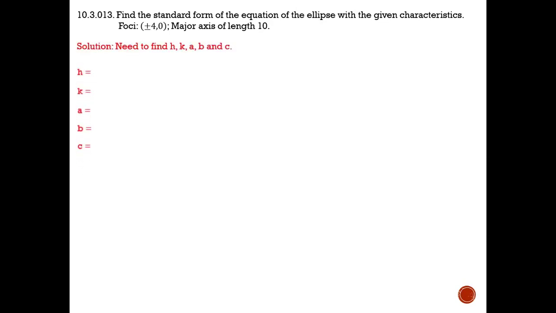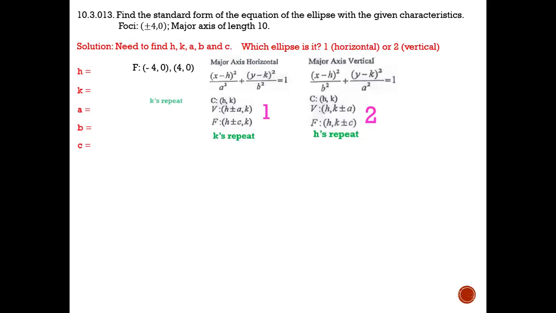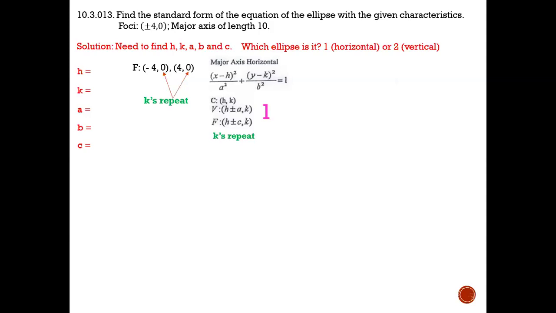So my ellipse is horizontal, because the ones that repeat are on my horizontal, right? So we're going to be using our ones, so our major axis is the horizontal.